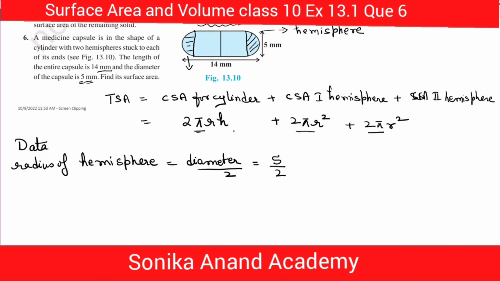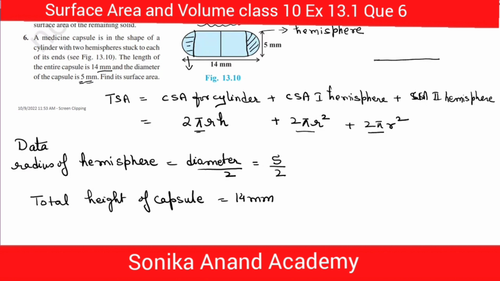Now here we have to find the height of cylinder. Now total height of the capsule, that is 14 millimeter. Now listen, this is a hemisphere. I previously told you this is 5 by 2. So this is again also 5 by 2. Okay. So from here we have 5 by 2 and here also I have 5 by 2.